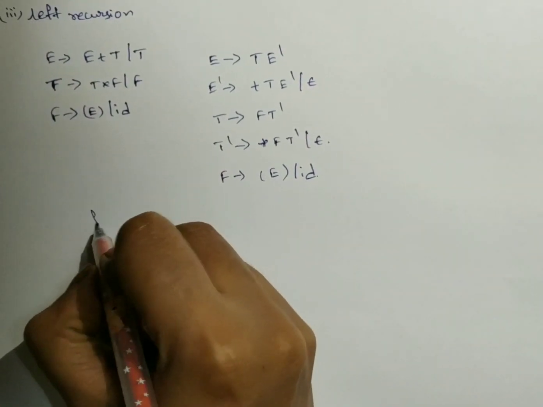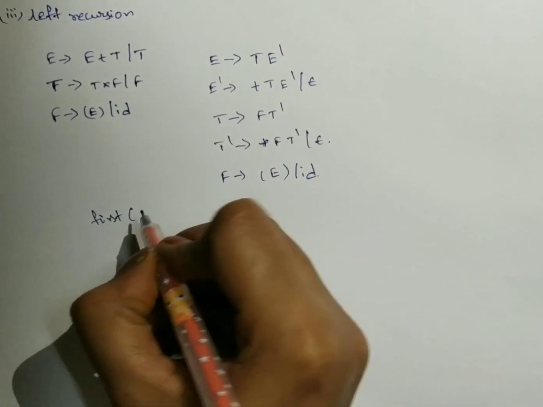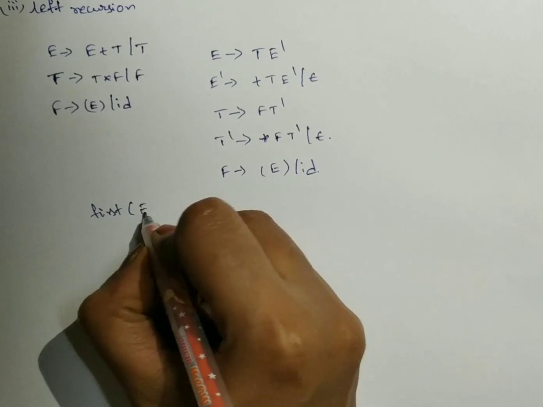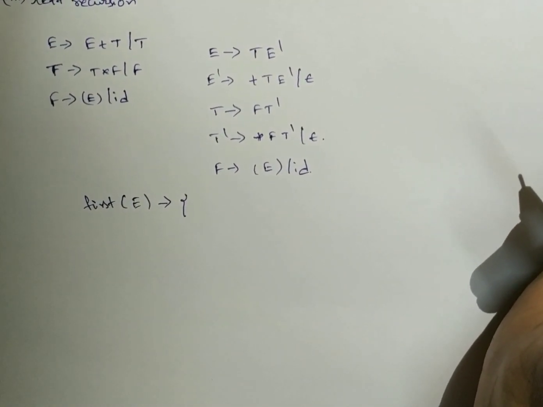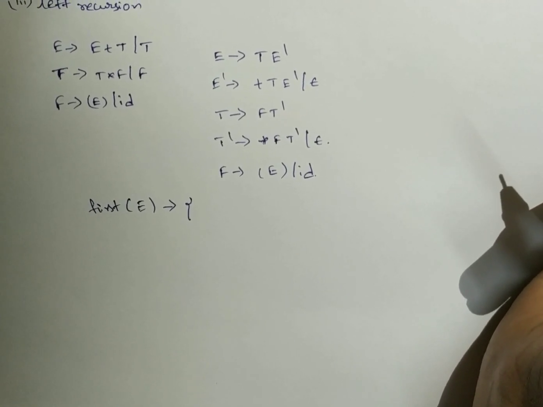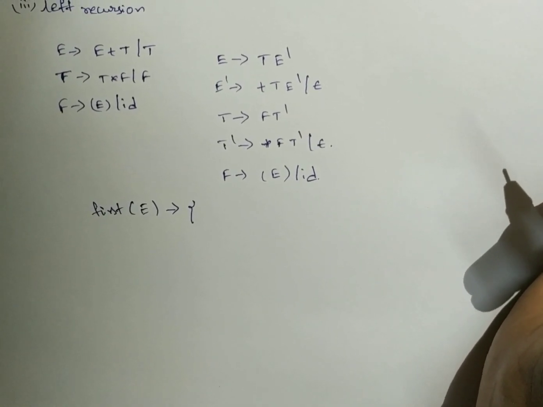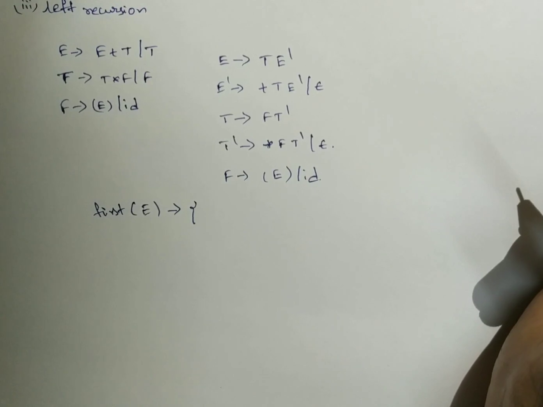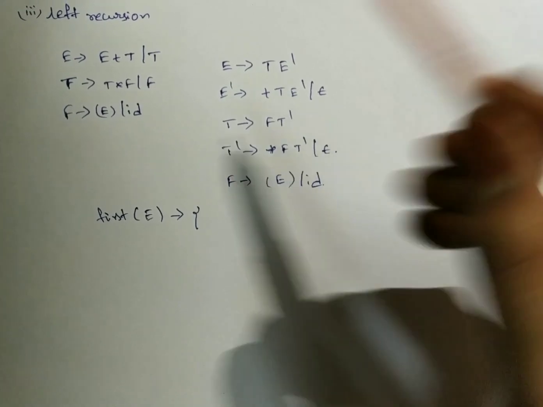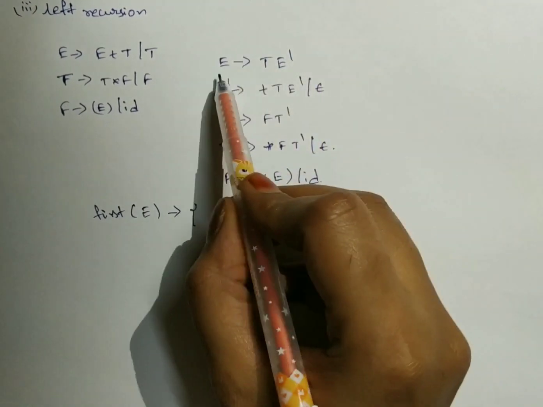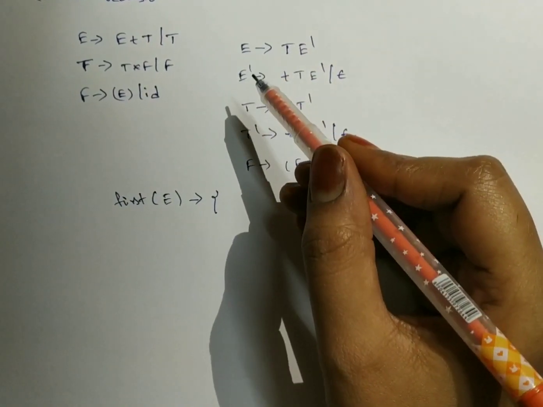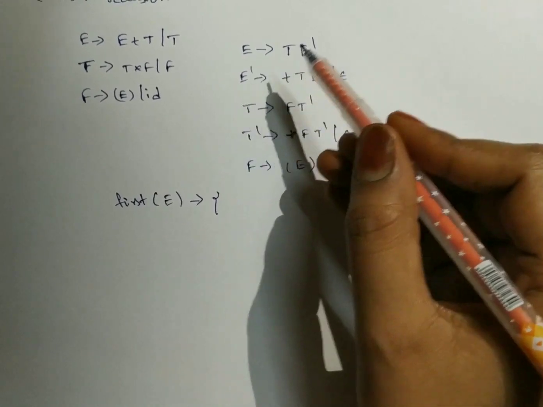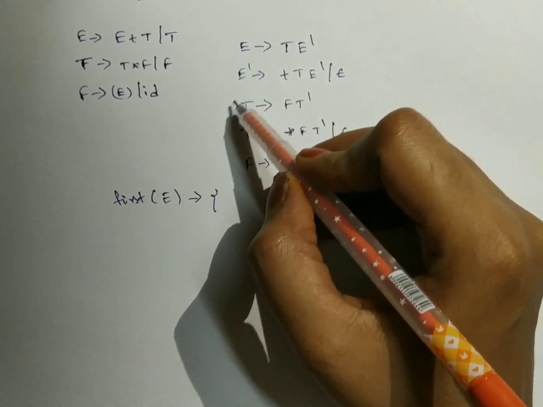For finding the first of E, in the first or follow we are supposed to choose only the terminal values. There will be no non-terminal values in the first and follow. See, here I am considering this statement E derives T E dash. As T is a non-terminal value, this statement refers to this one.